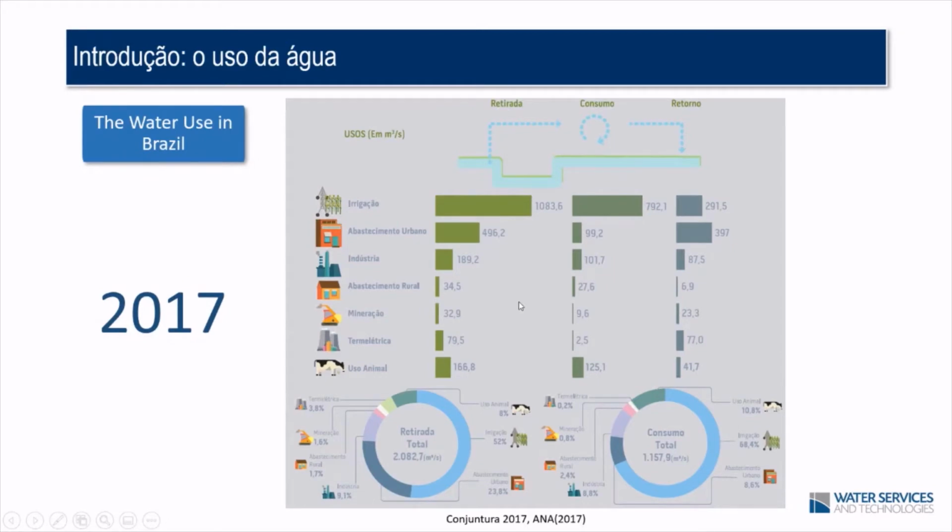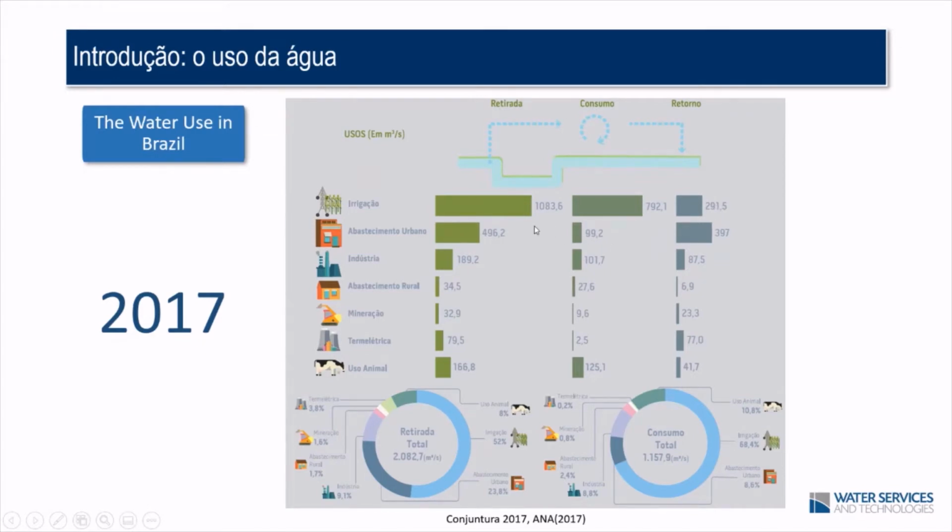And this chart here shows you how much water is taken out of the ecosystem, for example, from a river, how much water is consumed and how much water returns to the environment. You can see here that more than half of the water taken for irrigation is consumed, and less than 30% of the water returns to the environment.